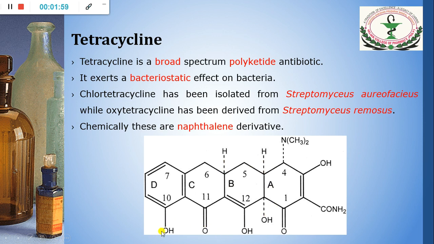The lactone hydroxy group which is present in the C and D rings is important for the activity. So these are some of the important parameters of the structure which are required for the antibacterial activity of tetracycline.